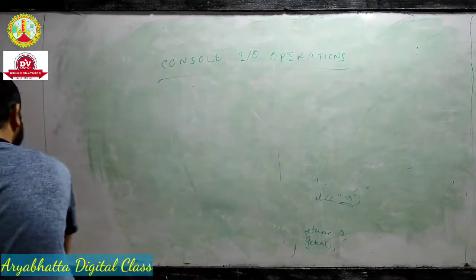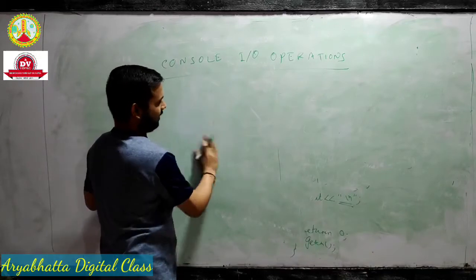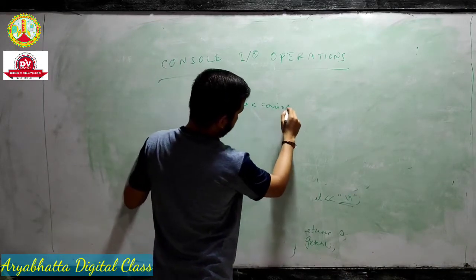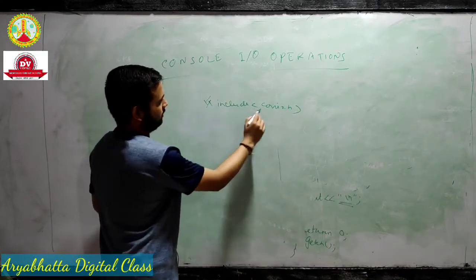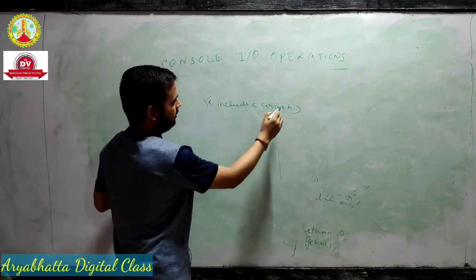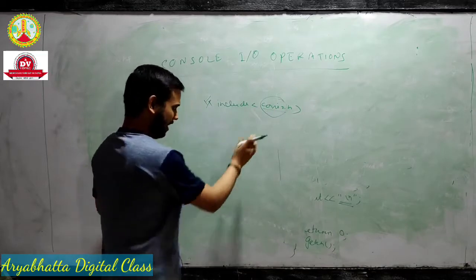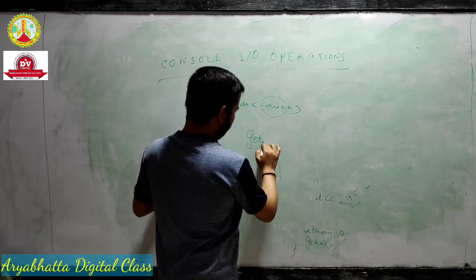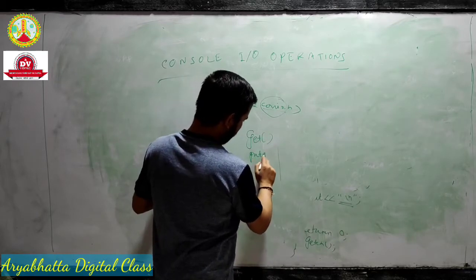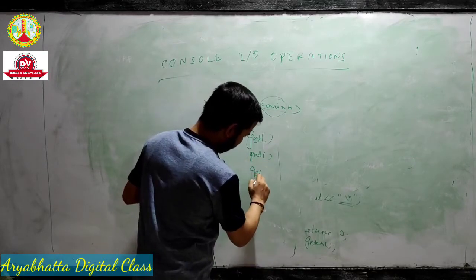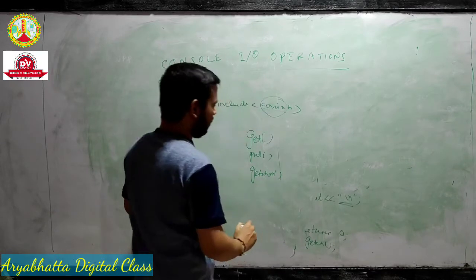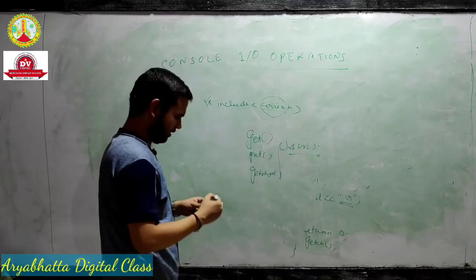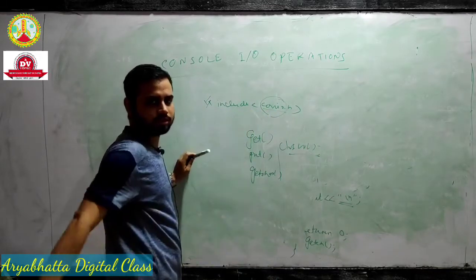Console means what we take in the header file; we take this header file conio.h. Conio.h is this console I/O, meaning under this header file the compiler understands the getch function, putch function, getche, or clrscr; this type of function is inbuilt in the header file conio.h.